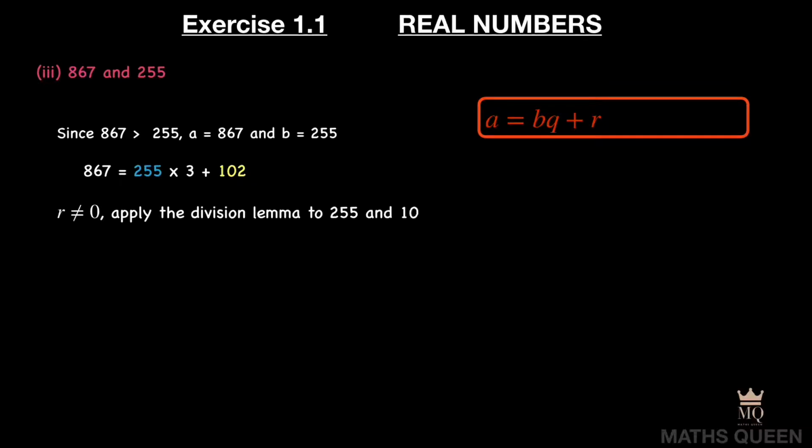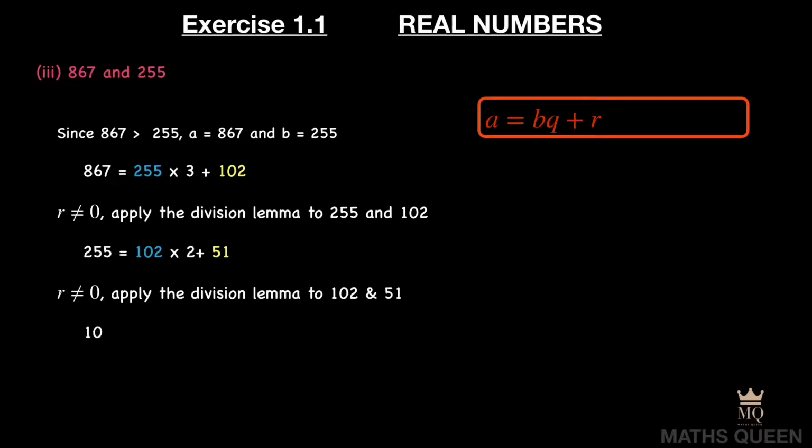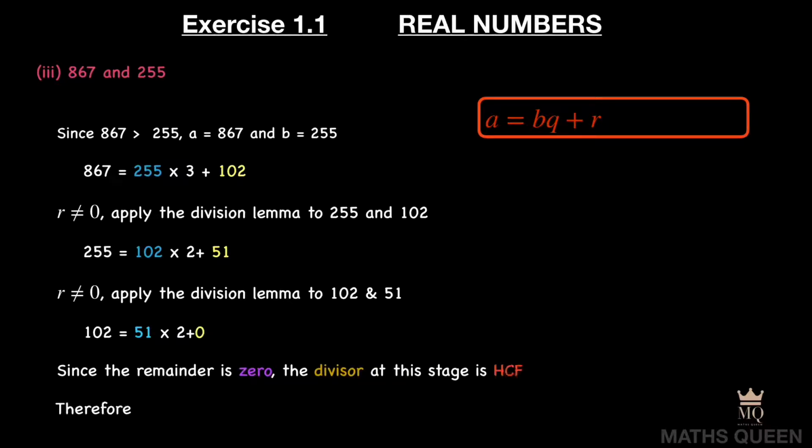Applying the division lemma to 255 and 102, we get 255 is equal to 102 into 2 plus 51. Here again the remainder is not equal to 0. Applying the division lemma to 102 and 51, we get 102 is equal to 51 into 2 plus 0. So the remainder became 0, and the divisor will be your HCF. Therefore the HCF of 867 and 255 is 51.